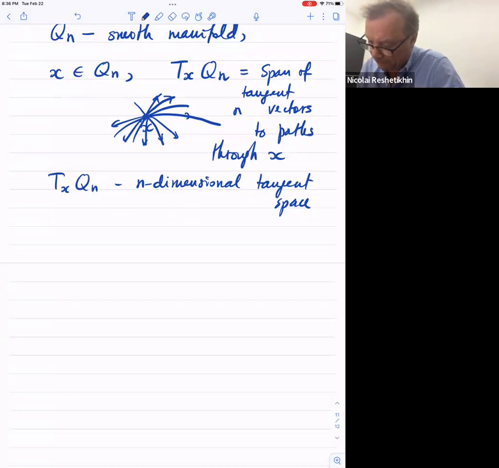So all these tangent spaces form the total space of the tangent bundle.